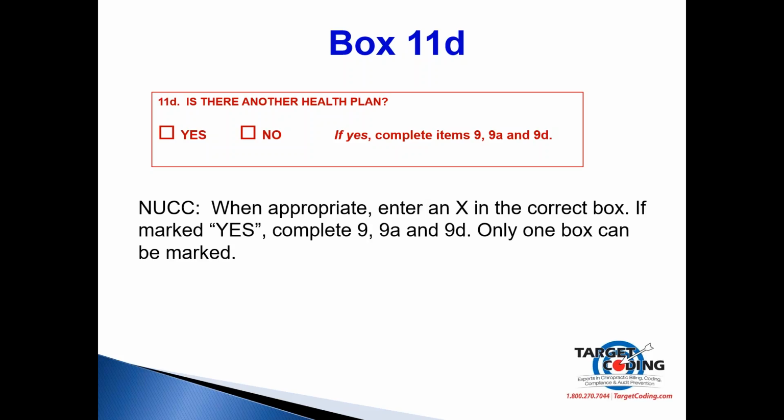Or if they're not the responsible party, then why should they pay? So this is where you're disclosing, is there another health plan? Very important on Medicare claims. So if no, that's fine. If yes, you have to go back to box 9 and complete 9, 9A, and 9D. I've seen some claims get denied because this box was not completed.